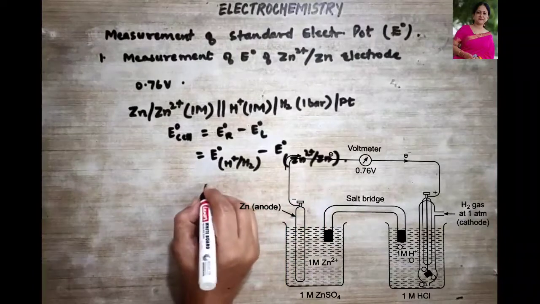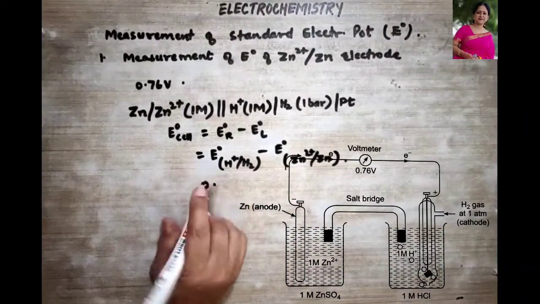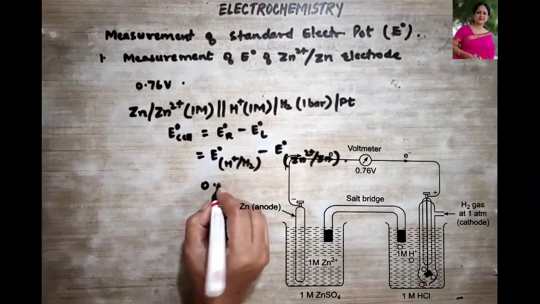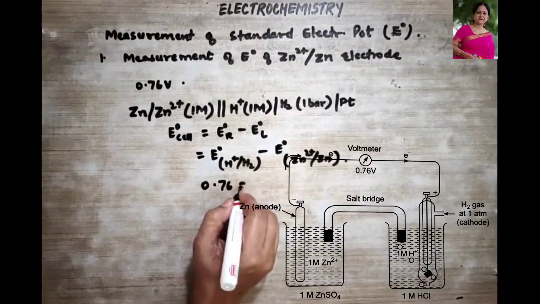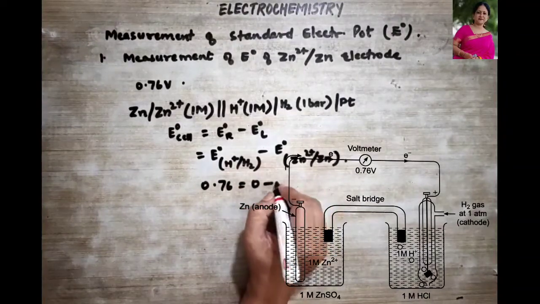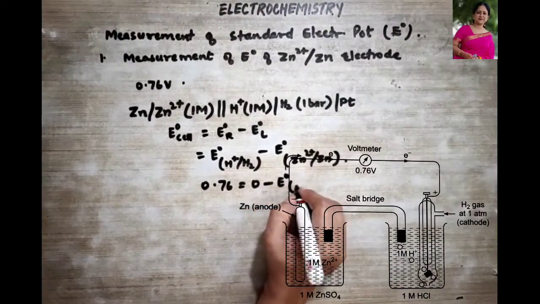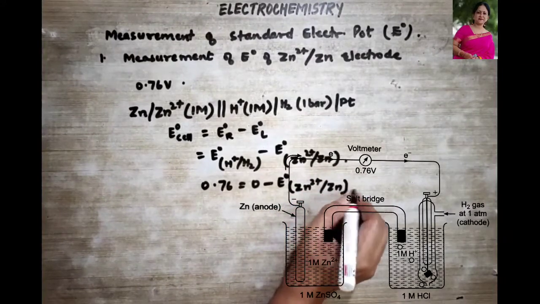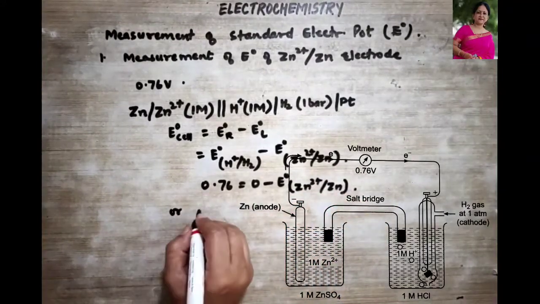Okay, so this is the standard electrode potential, how much? 0.76 is equal to 0 minus E of Zn2+/Zn. So we can also write it down how?